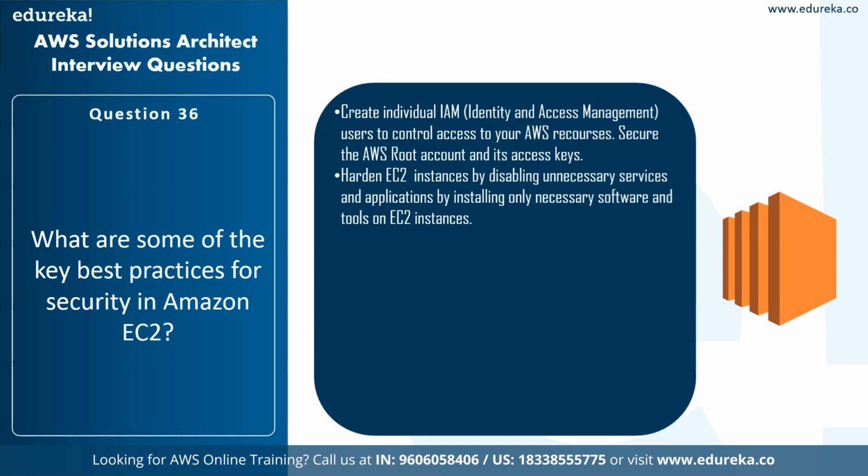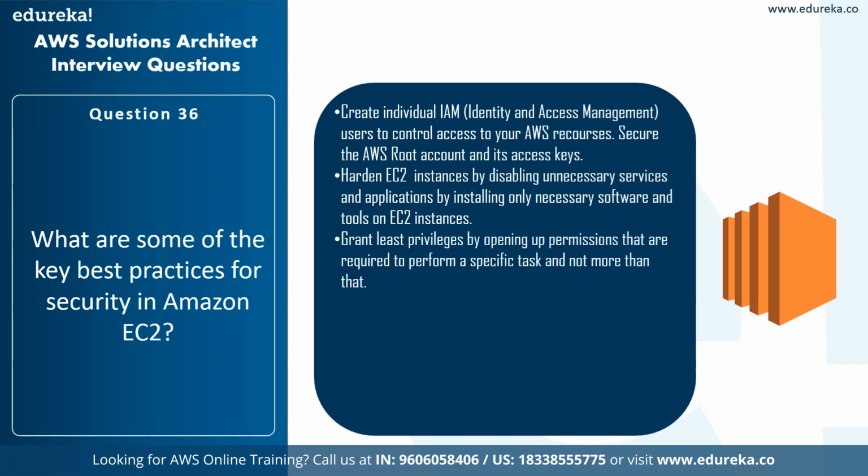Then you can also harden the EC2 instances by disabling unnecessary services and applications and installing only necessary software and tools on EC2 instances. Then you can grant least privileges by opening up only the permissions that are required to perform a specific task and not more than that. Additional permissions can also be granted as required.